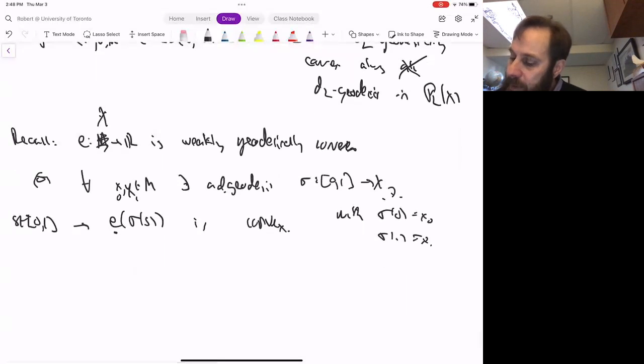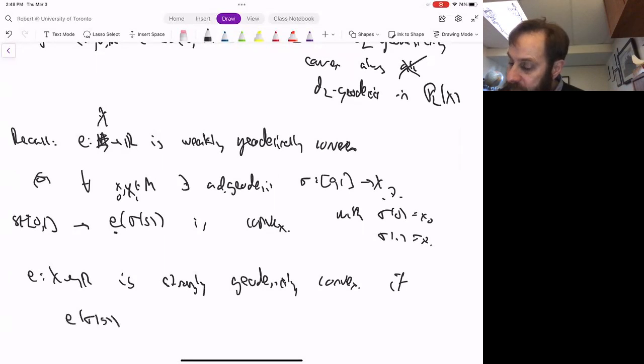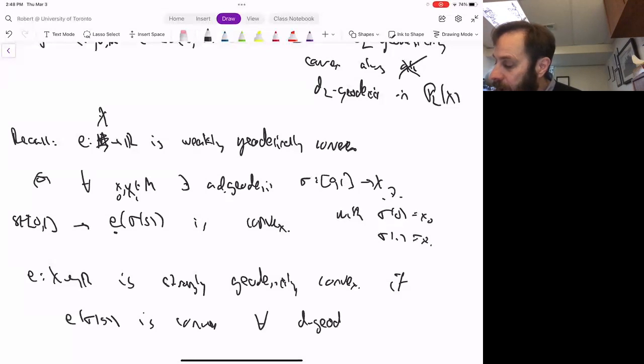And E is strongly geodesically convex if E sigma S is convex for every D geodesic in XD.